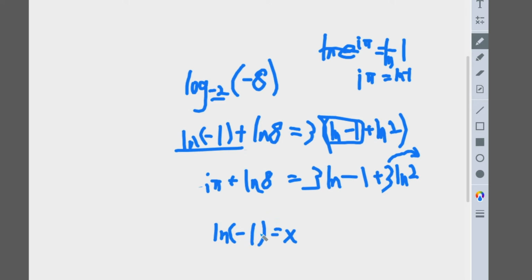If we then multiply both sides by 3, we'll find that 3 times the natural log of -1 is equal to 3x. Now, using our logarithm property, you can put this up here. So we have -1 to the power of 3, which will give you -1 still. So this does not change. And this equals 3x.